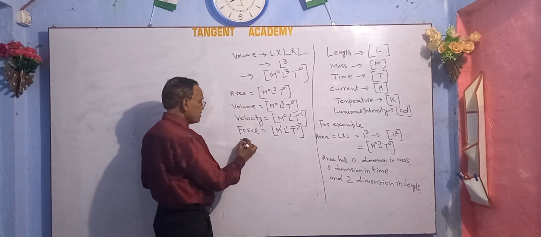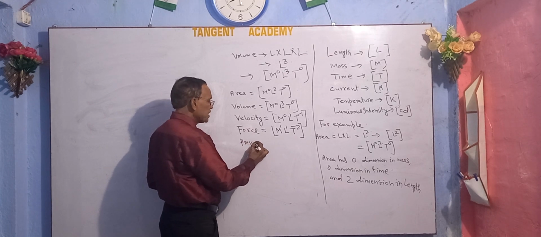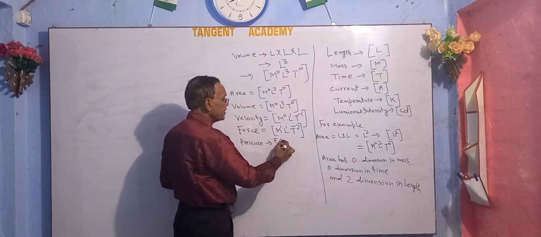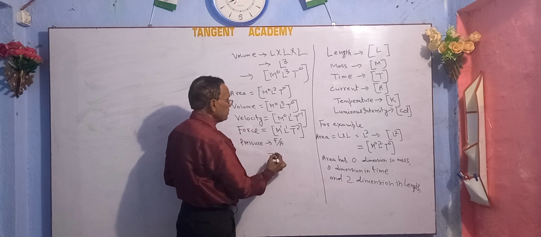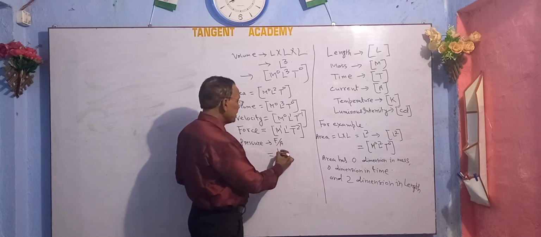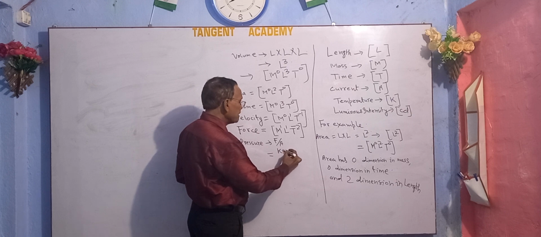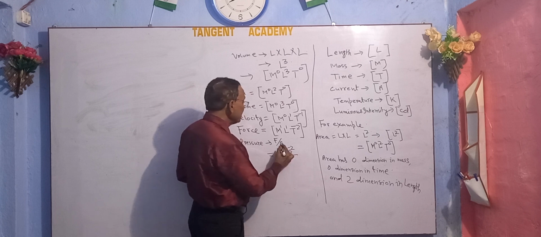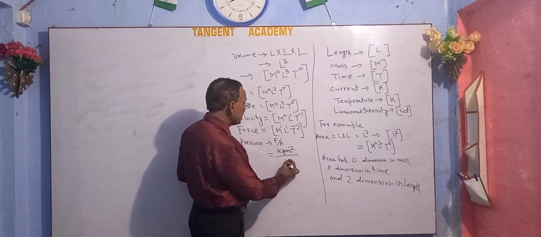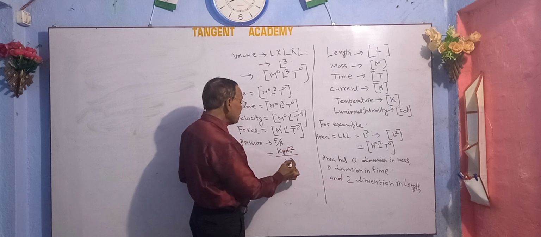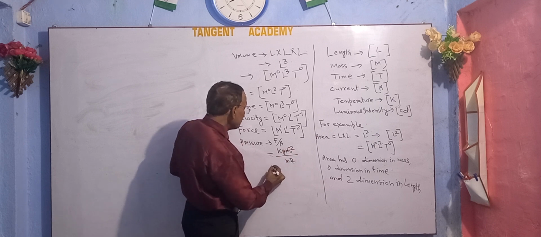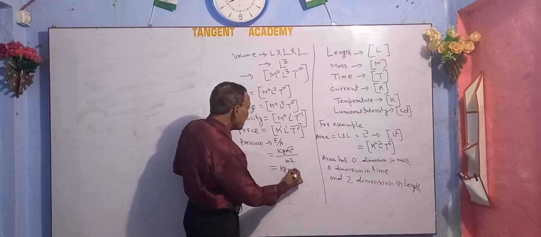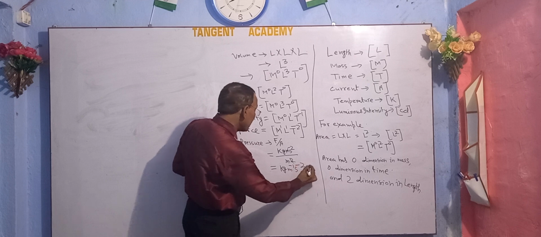Similarly, pressure. Pressure can be redefined as force divided by area. Force is kg meter per second square, divided by area, which is meter square. One meter power has cancelled, so it can be rewritten as kg per meter per second square.